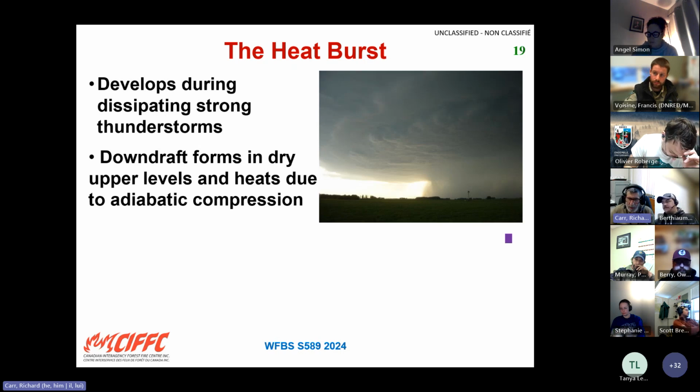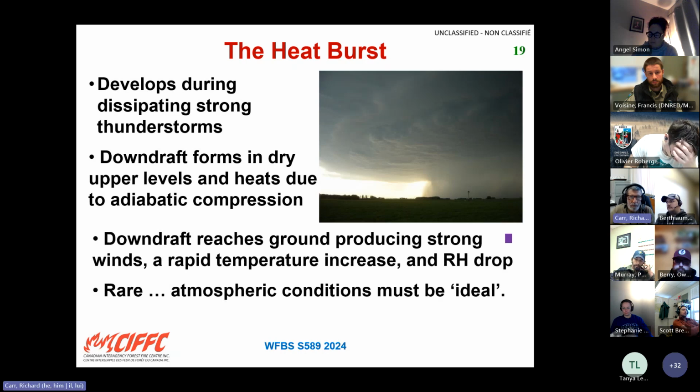By the time it reaches the surface, you get an outflow wind, but you might also get a rise in temperature along with it. With the temperature increase, of course, you're going to get the humidity drop as well, assuming the dew point doesn't change much.